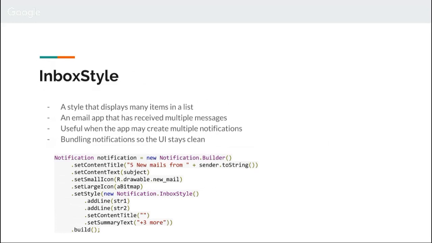Instead of sending a notification for every single item, you send a big one containing an overview, right? And this style is used a lot because otherwise, when you see the notification drawer, you will see that one app sends you 20 notifications. You don't want that.